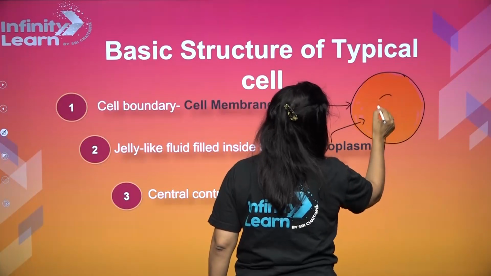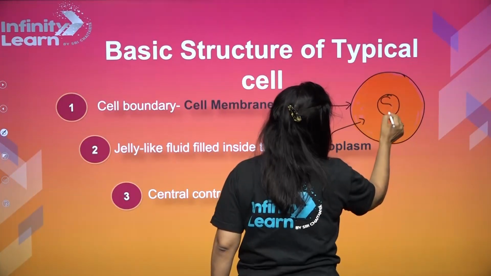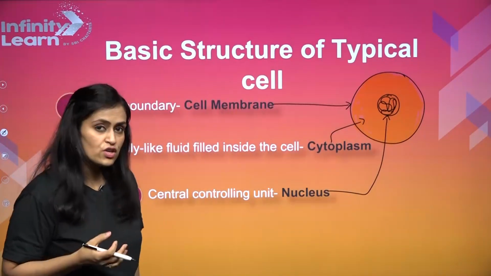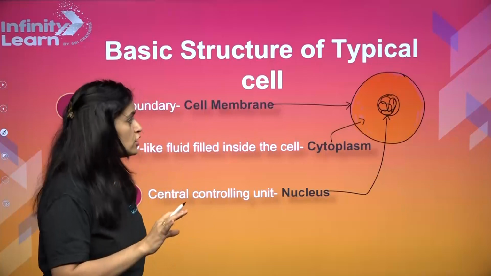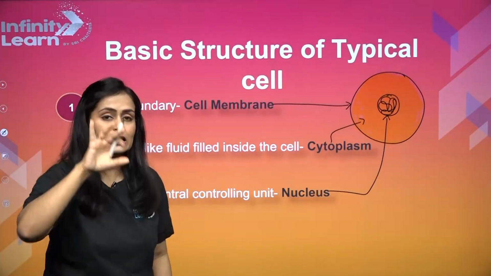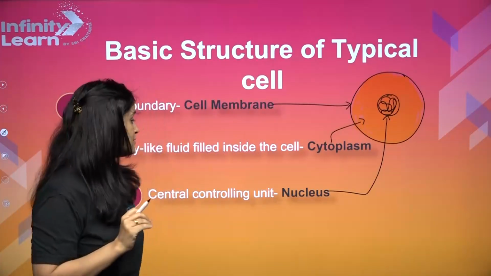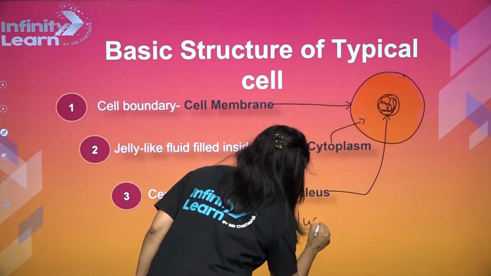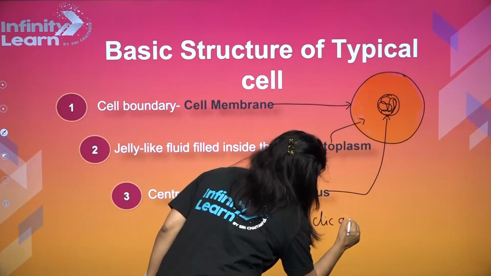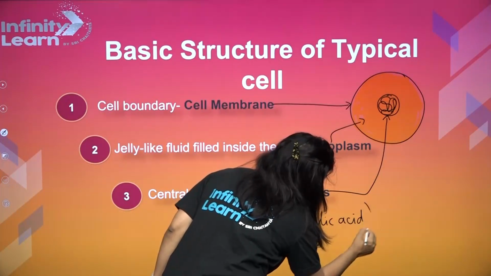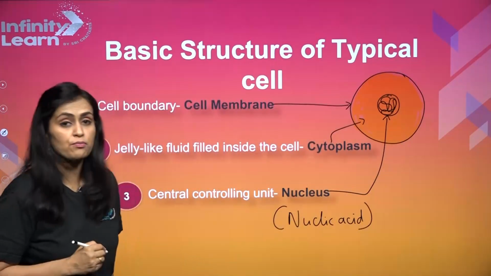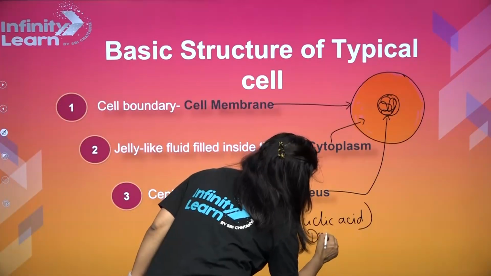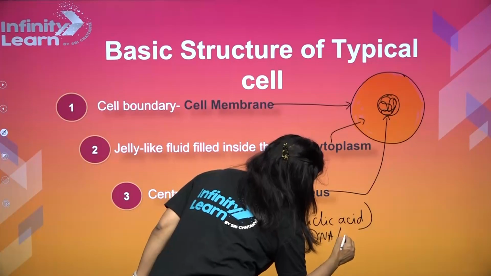Now, nucleus in case of some cells is stored inside a nuclear membrane. In case of some cell, there is no nuclear membrane. The DNA is just lying in it. But the DNA is there, so the presence of nucleic acid is very important. What is nucleic acid? Nucleic acid is your DNA and RNA.